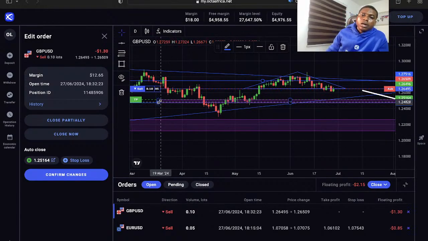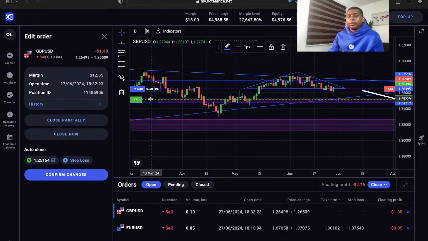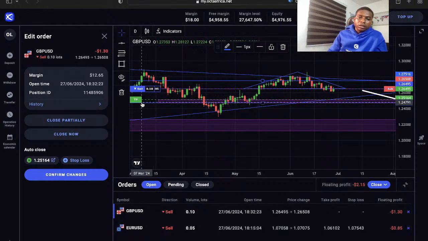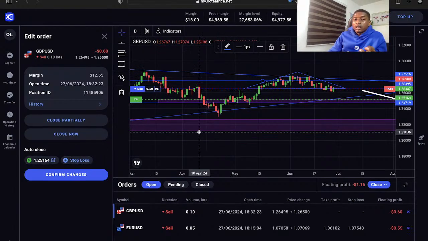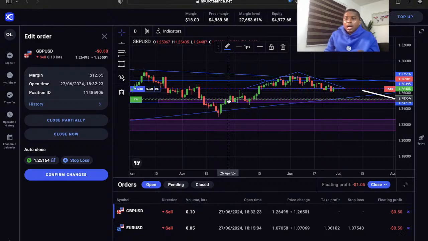I can either move it manually with my mouse downwards, closer to where I want it to be, or I just adjust the price here to my desired figure, and it just goes there to set the order.